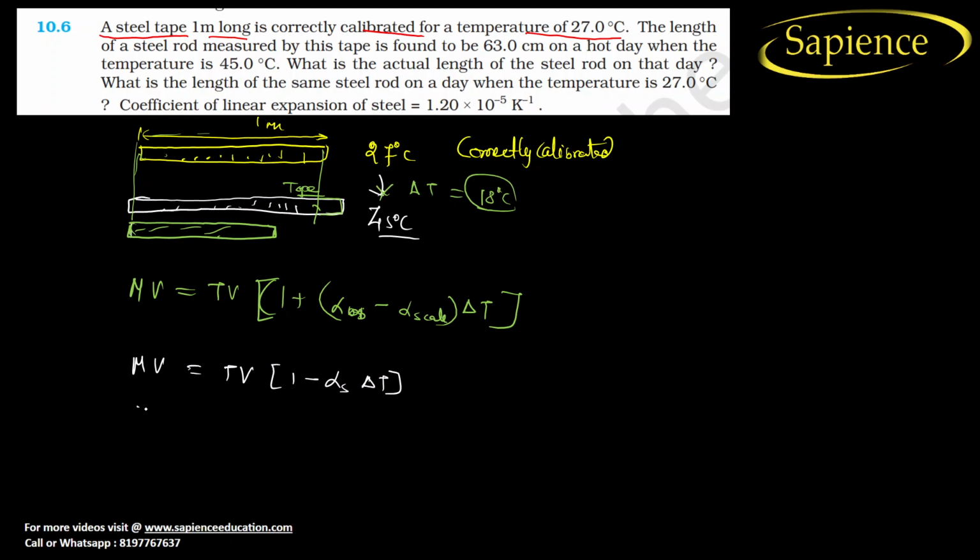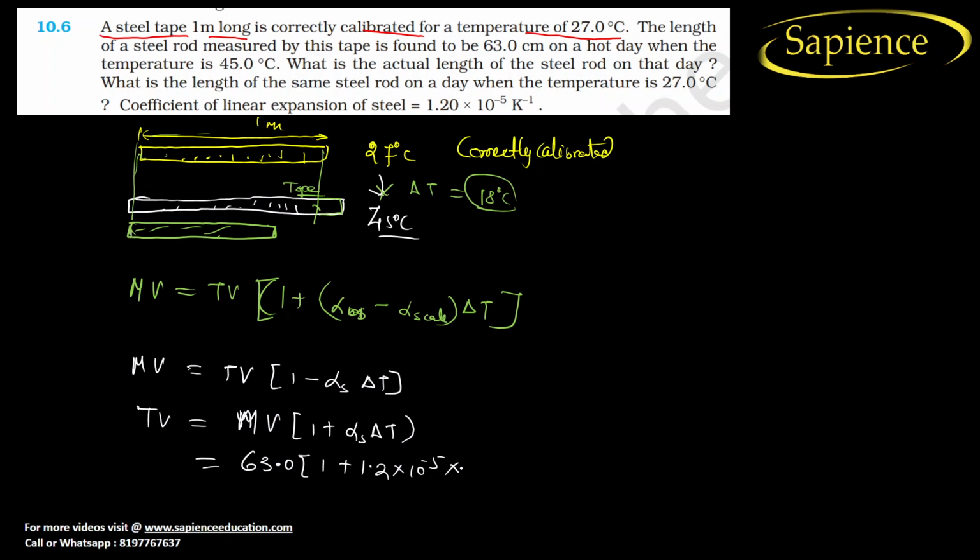So from here we want the true value of the rod, so we will exchange it. We will get true value equal to measured value into 1 plus alpha s into delta T. If we put the values, measured value is 63.0 and alpha s is given as 1.2 into 10 to the power minus 5 per Kelvin, into the temperature difference.